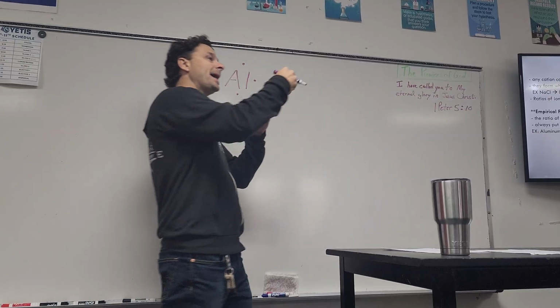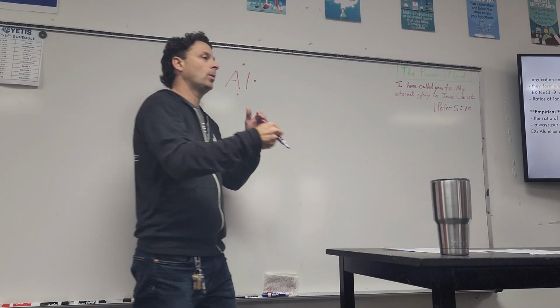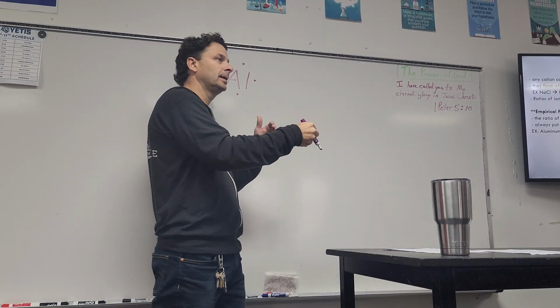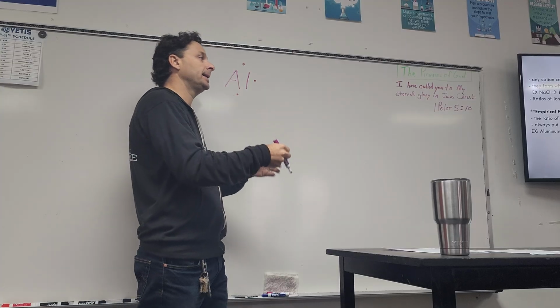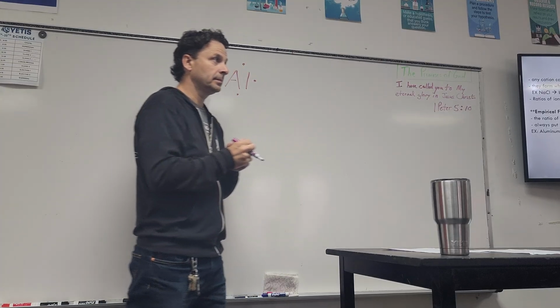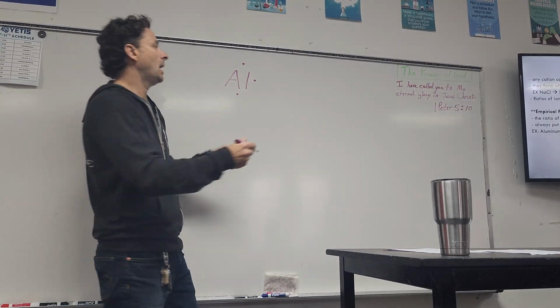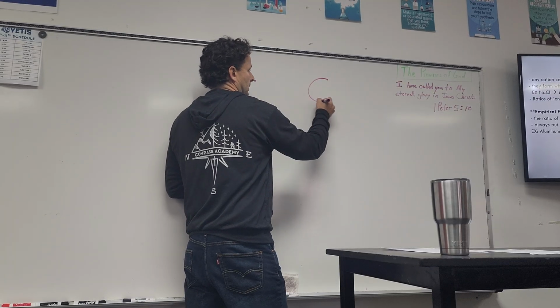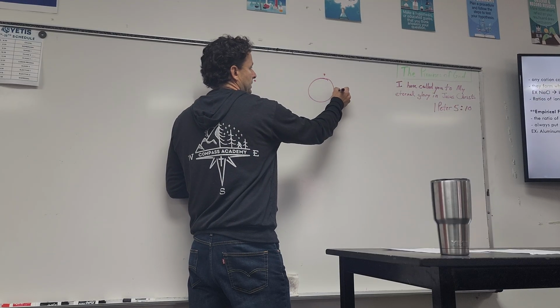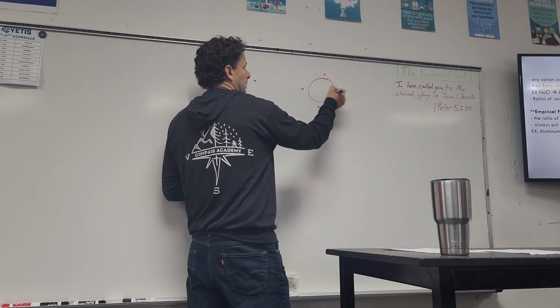Remember, we add that -ide ending, so oxygen would become oxide in this compound. Oxygen has 6 valence electrons.